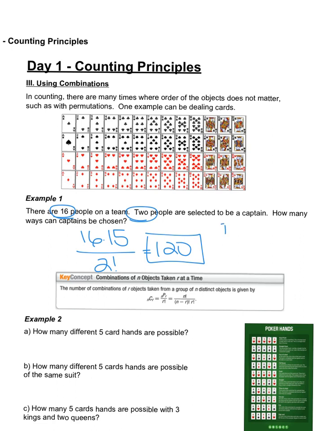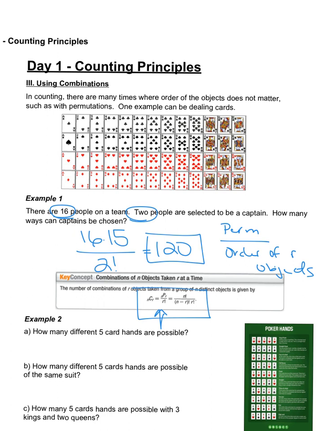So keep in mind, essentially, it's our permutation divided by the order of, we'll say, our objects, if you will. And that's where this formula comes into play.